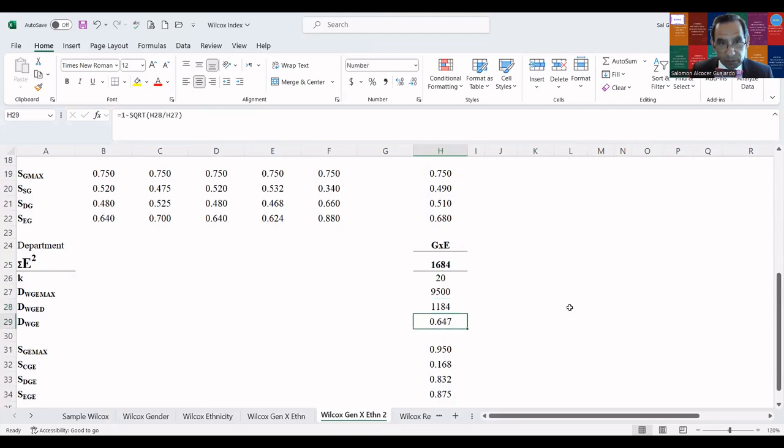So to obtain the standardized Wilcox diversity score, I'm going to take H28, which is 1184, the Wilcox concentration similarity score, and divide that by the maximum score, 9500. I take the square root of that, subtract that from 1, and that gives me a standardized Wilcox score of 0.647, which means that the organization obtained 64% of the maximum score for gender by ethnicity.